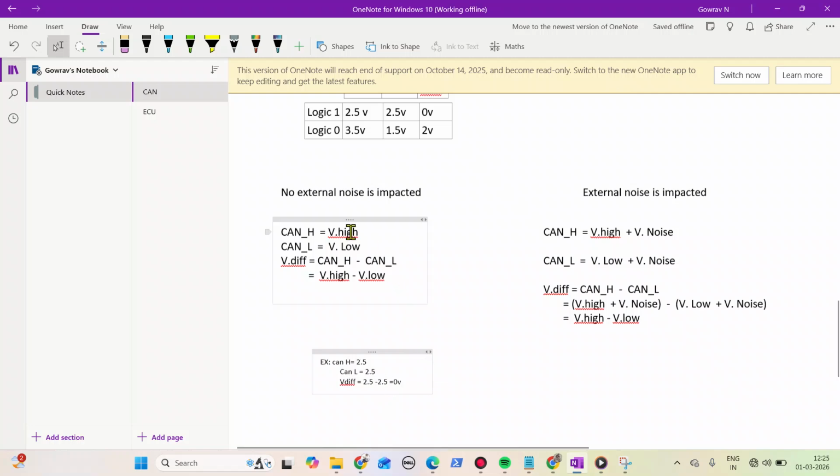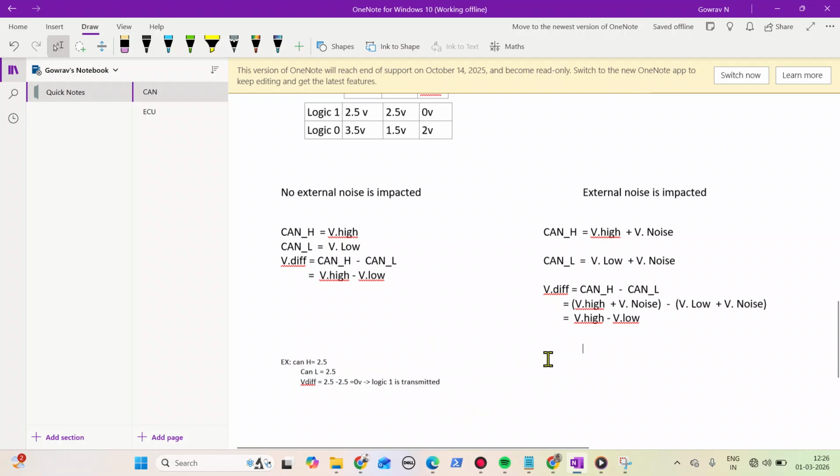If no external impact, no noise, nothing is impacted, then we are getting 0 volts at the receiver side when we are transmitting 2.5 and 2.5 in CAN high and CAN low, which is nothing but it will understand logic 1 is transmitted. This is how it will think.